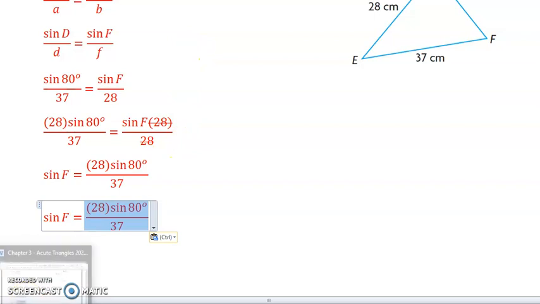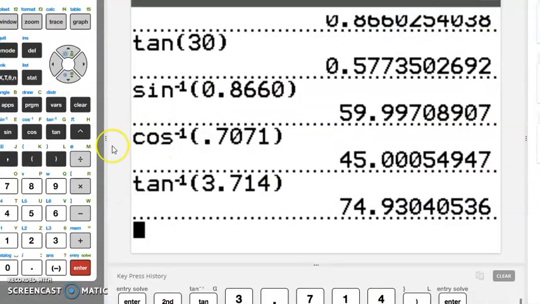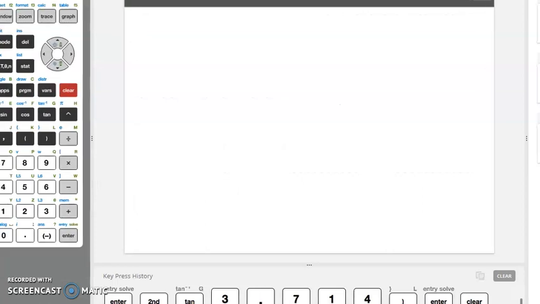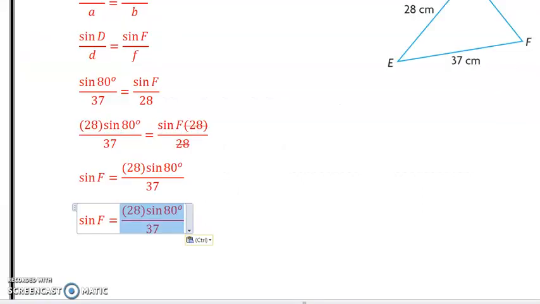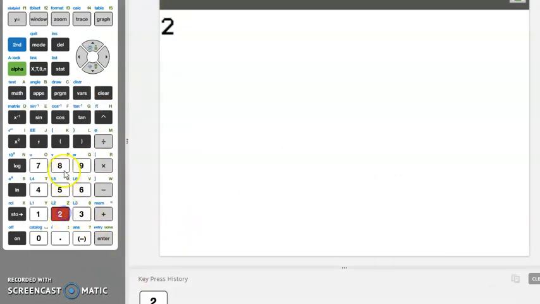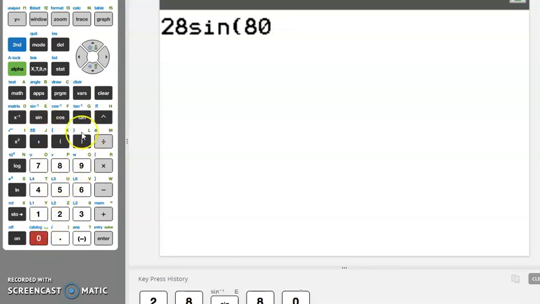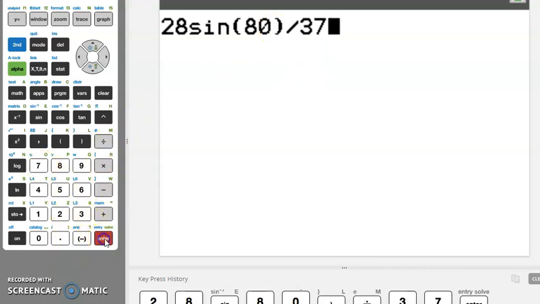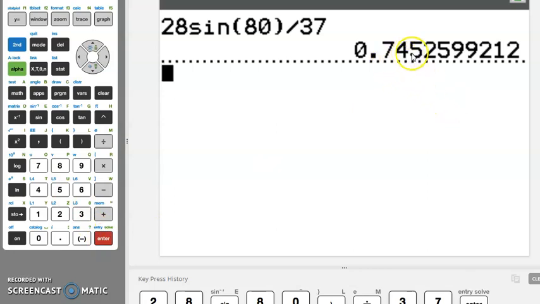So we go to our calculators, clear what we have on our screen, and we go right as we see it, 28 sine of 80. And make sure you close your bracket, divided by 37. 0.7452599, right? So I leave that number right in my calculator, okay?